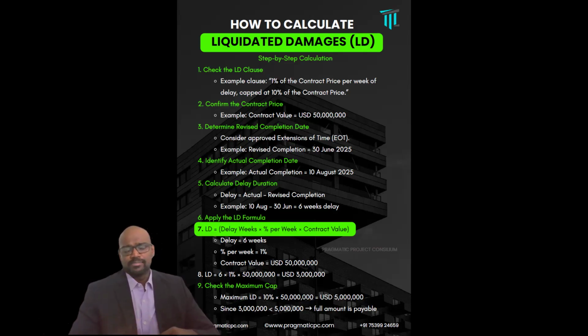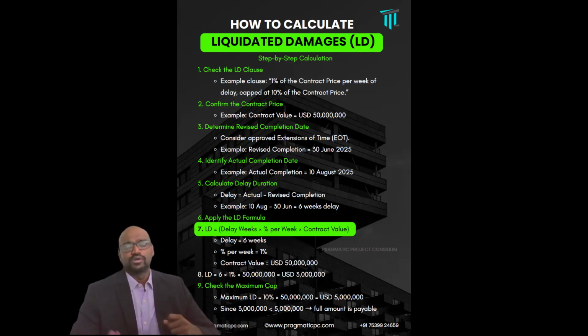So let us see an example. It's a 50 million project. So how to calculate the liquidated damages when there is a delay in the project by the contractor? Because when there is a delay in the project by the employer, then the contractor is eligible for a prolongation cost, or in some cases they are not eligible for the prolongation cost, but the employer is also not eligible to impose LD on the contractor.